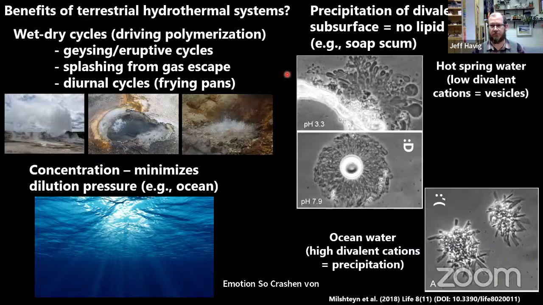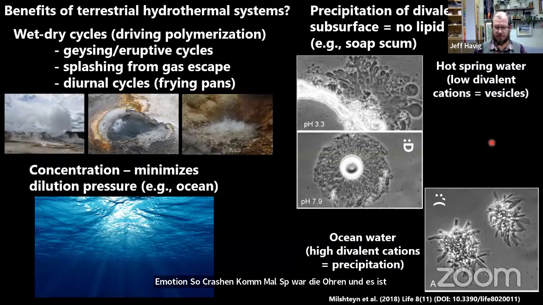And this is from a really fun little experiment that we did with Dave Deamer and Bruce Damer and a grad student, where we looked at what happens with lipids in hydrothermal waters. Just literally, if you put in some lipids, what happens? Can you generate some protocells?